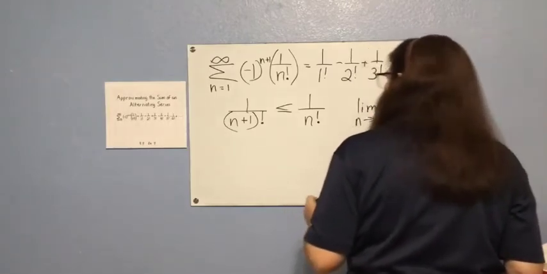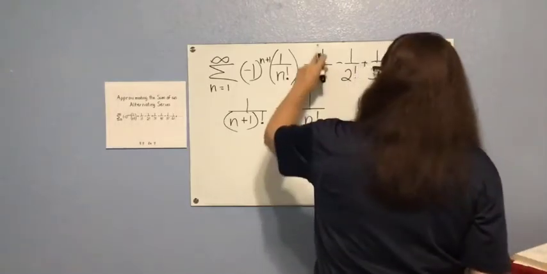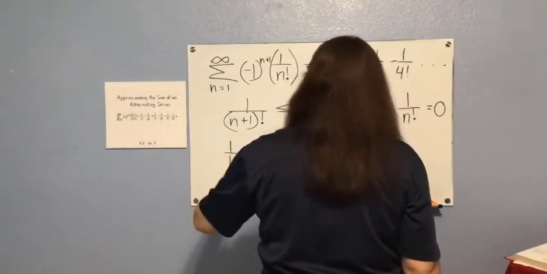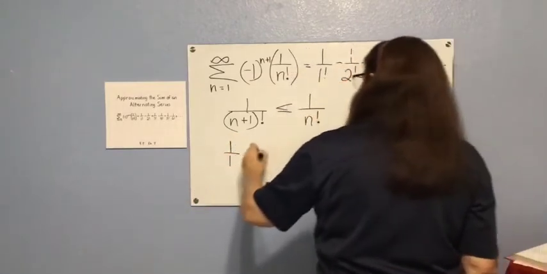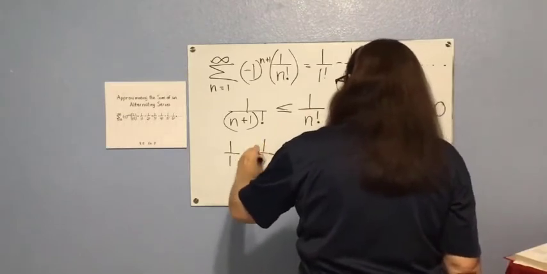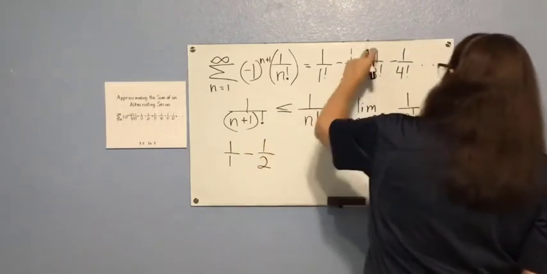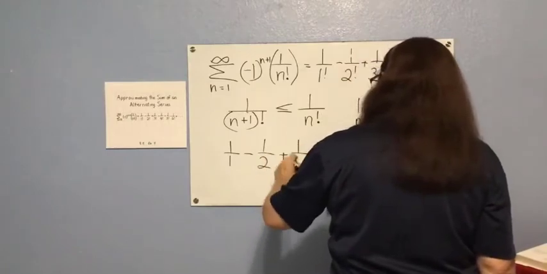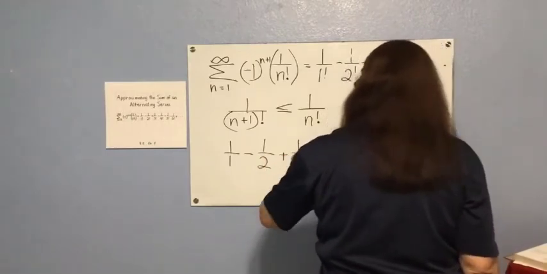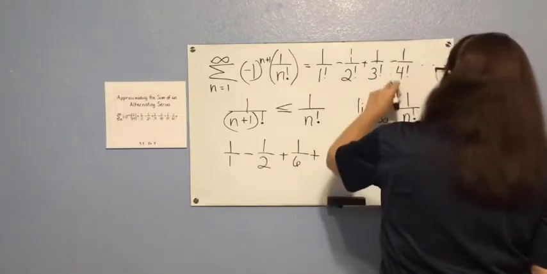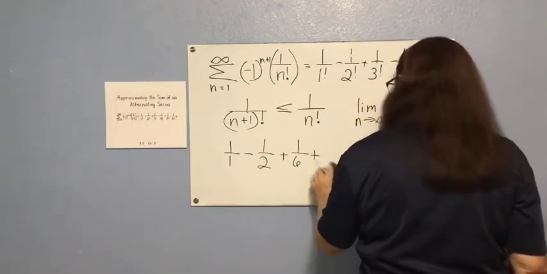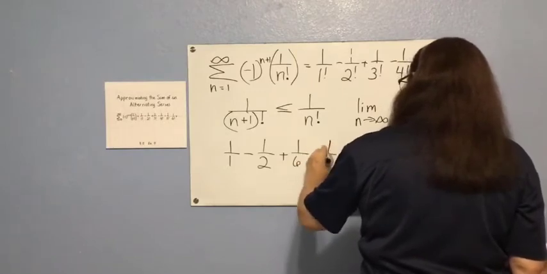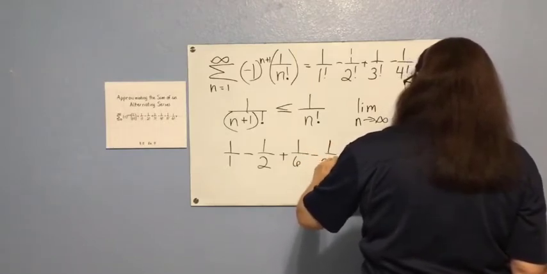So the sum of the first 6 terms: 1 over 1 factorial is just 1 over 1. 1 over 2 factorial, 1 over 2. 1 over 3 factorial, 1 over 6. 1 over 4 factorial, and this is minus, not plus, is 1 over 24.